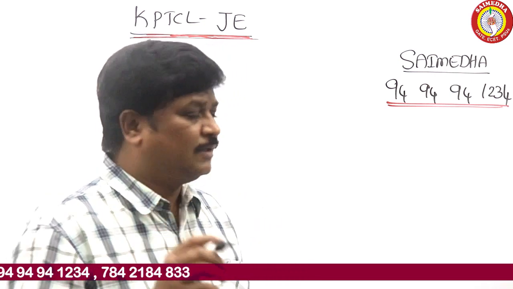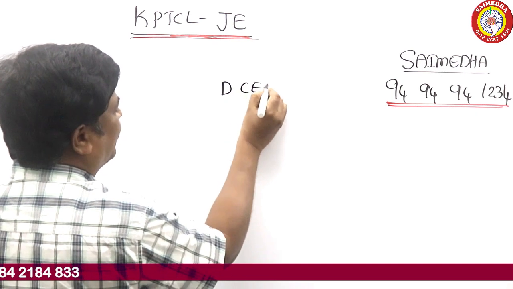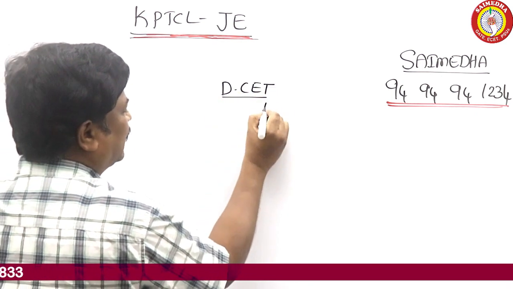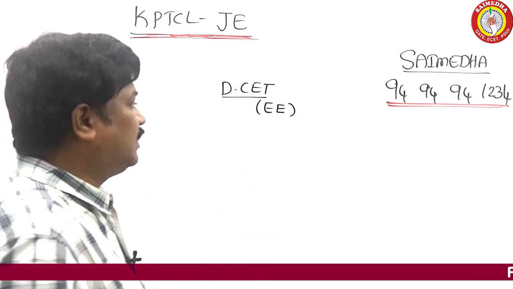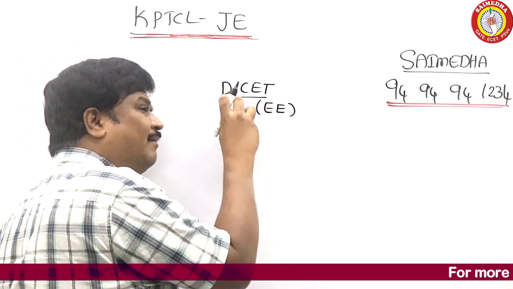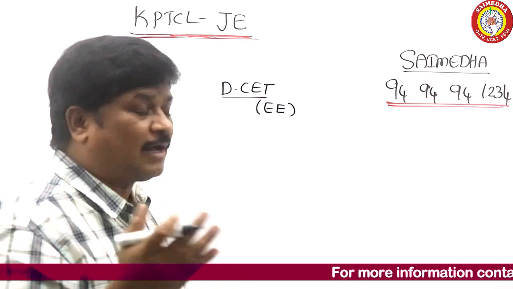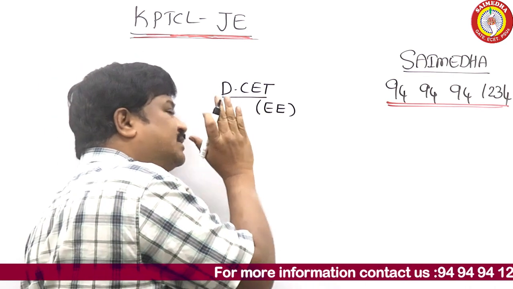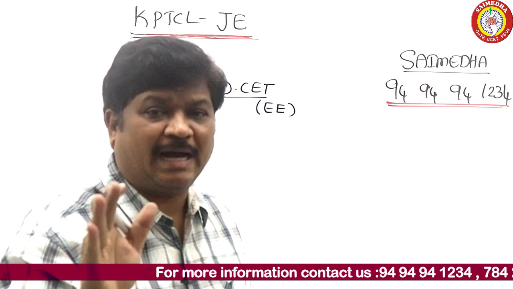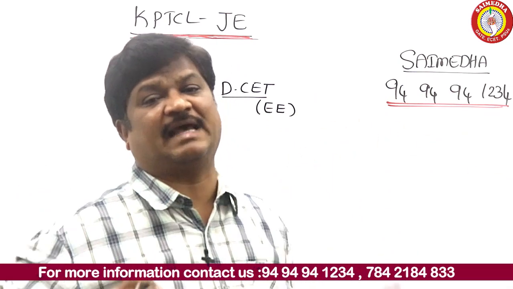You may be knowing very well, DCET, Diploma Common Engineering Test. That too for electrical students is electrical, for civil students is civil. You can take this as a basic reference. Don't feel that all the questions are coming from the DCET previous question papers, but these question papers will give some idea how the questions are going to appear in our JE exam.